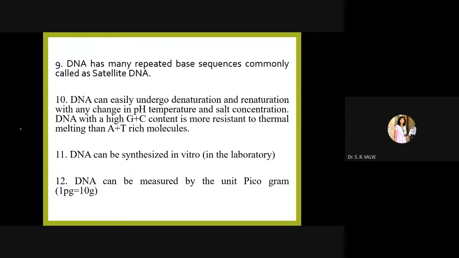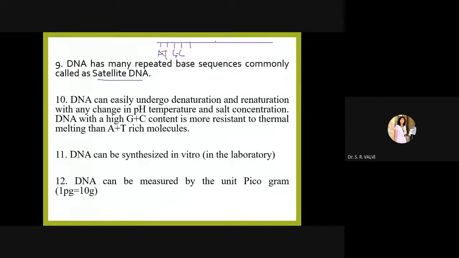Now, DNA has many repeated base sequences commonly called satellite DNA. So satellite DNA is nothing but what? Satellite DNA consists of tandem repeats of non-coding nucleotide sequences. So we know that all these are sequences, right? A, then T, then G, then C, right?